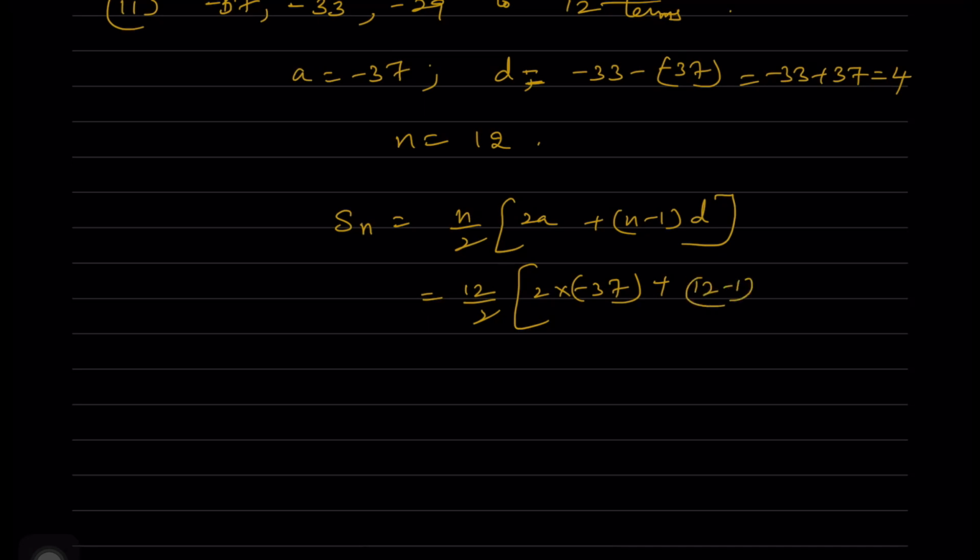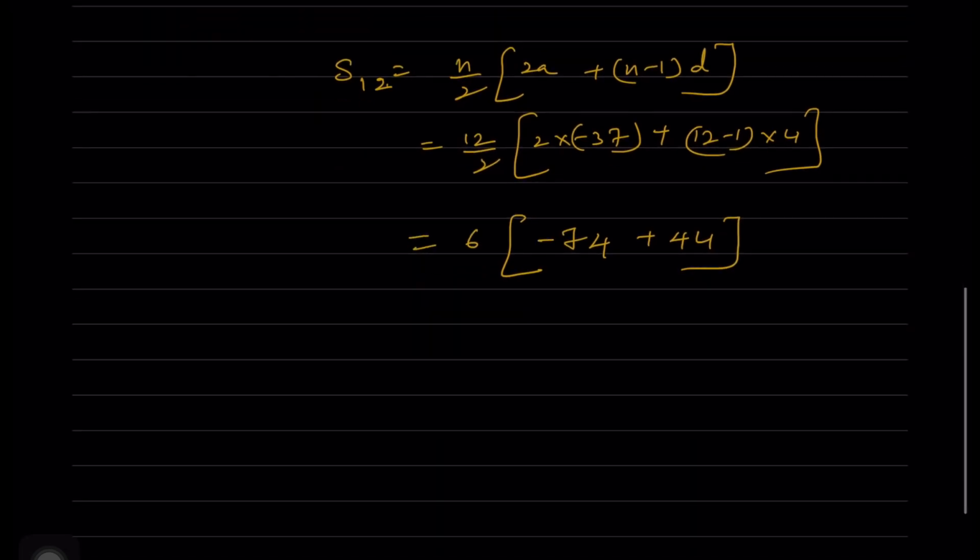You can write this as S12 also, because you are substituting n here, the sum of the first 12 terms of an AP. So what are we going to get? 6 into minus 37 into 2 is minus 74 plus 44, which is equal to 6 into minus 30, which is equal to minus 180.